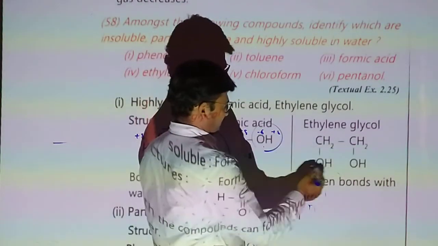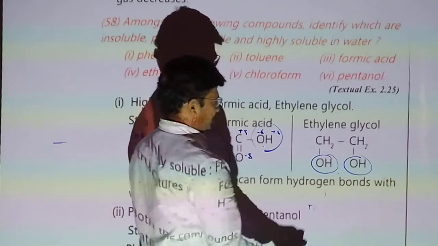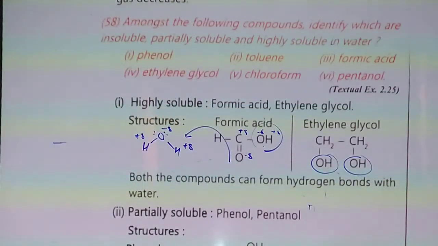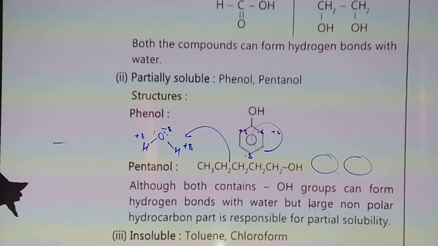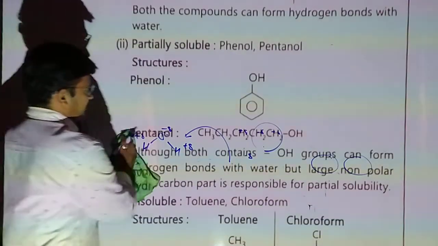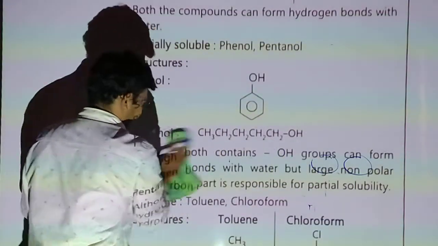It has a great attraction and forms hydrogen bonds. Here there is one OH group, and there are two in ethylene glycol, which also makes hydrogen bonds with water. So highly soluble: formic acid and ethylene glycol. Partially soluble: phenol and pentanol. Why?